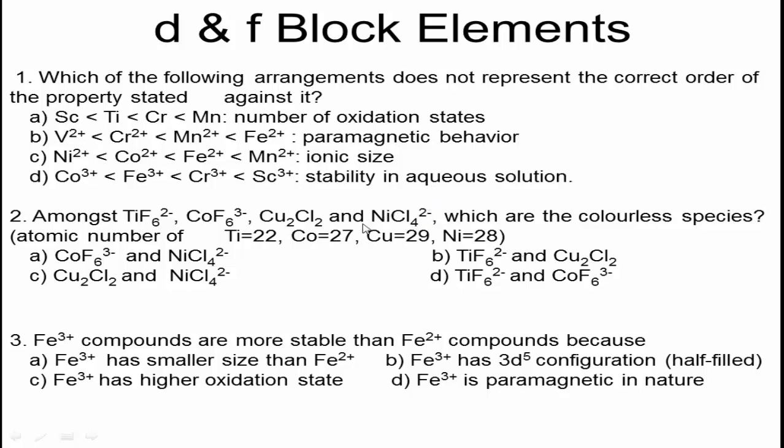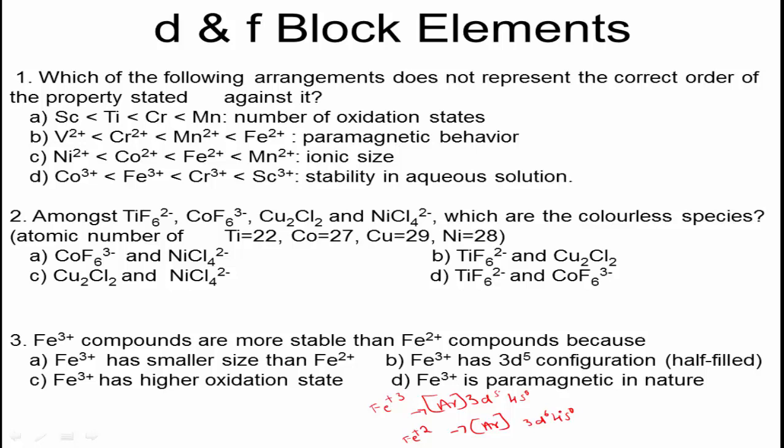Fe plus 3 has an electronic configuration argon 3d5 4s0, and Fe plus 2 has an electronic configuration argon 3d6 4s0.